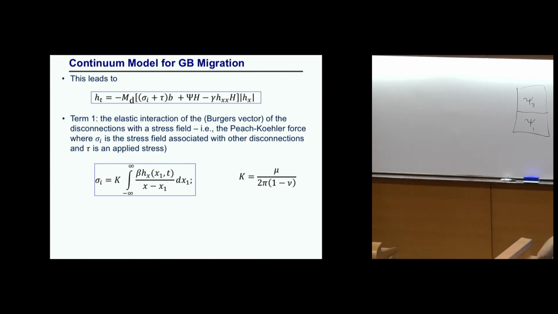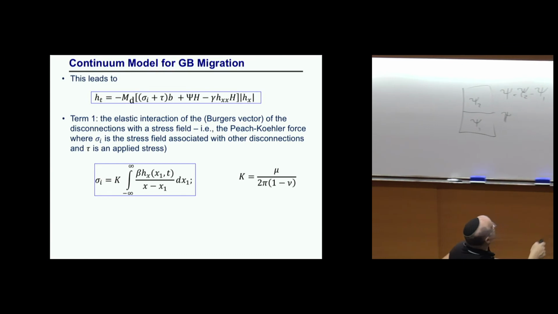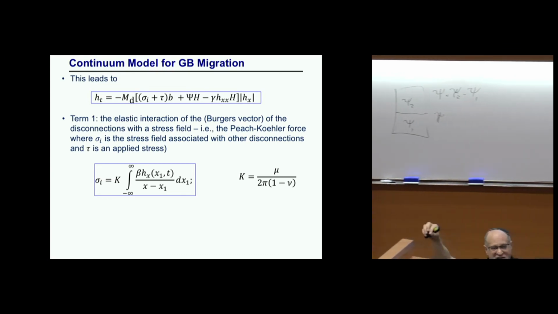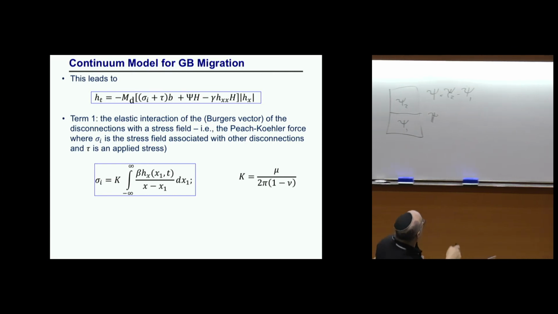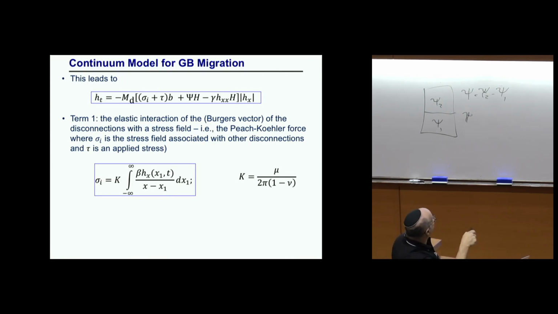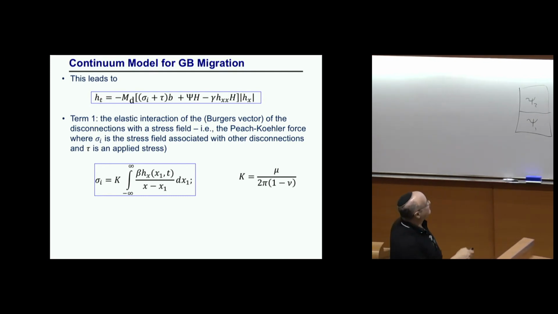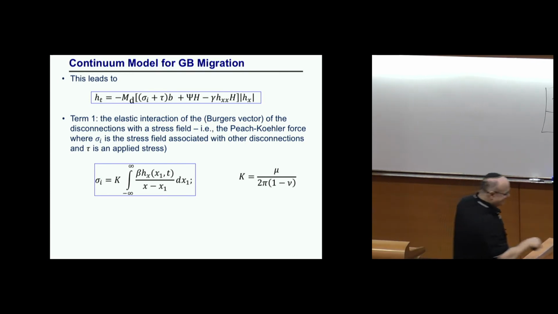There's an applied stress, which I call tau, and there's the fact that each disconnection interacts elastically with every other disconnection, so I've got to integrate over all the elasticity. This is basically just a Green's function. That tells you the stress related to the density of disconnections. And this K here is just an elastic constant. Computationally, this part's work.